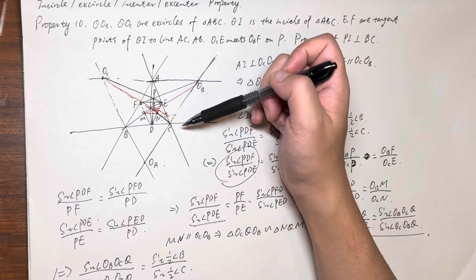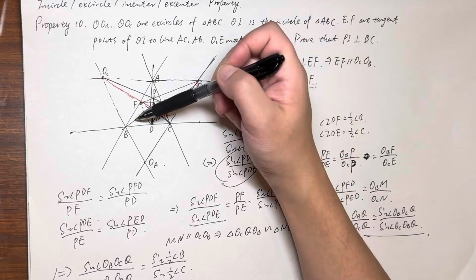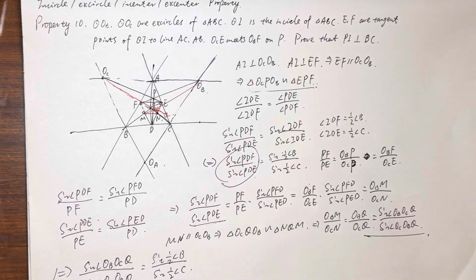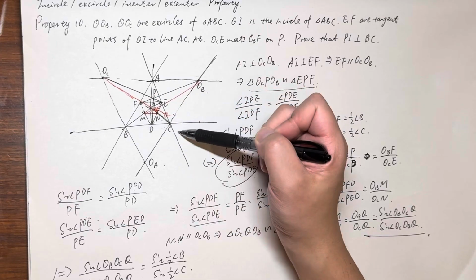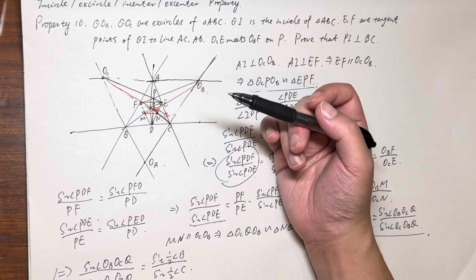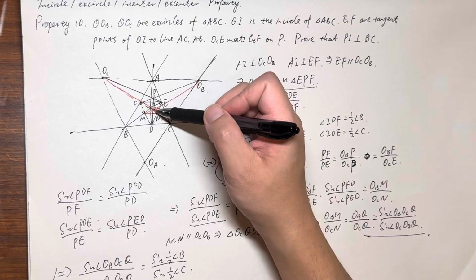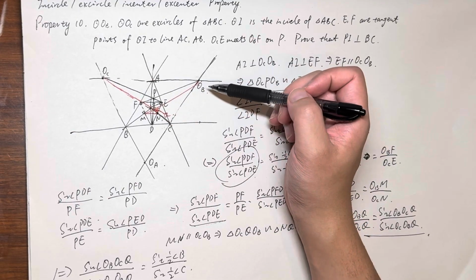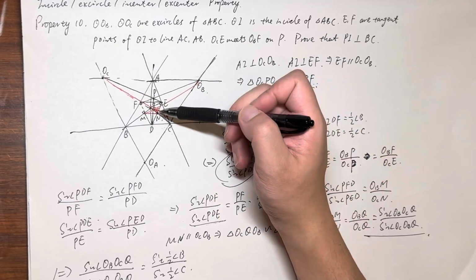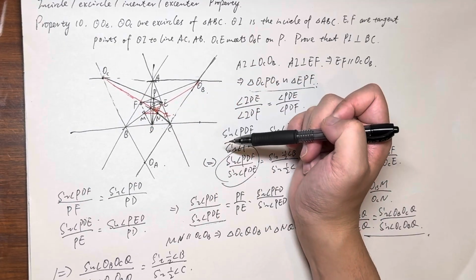And these lines, the OBB and the OCC, are also the angle bisectors of angle BCA and ABC. The intersection point would be the same point. That is saying the incenter I is actually the orthocenter of the triangle OAOBOC, right? So this Q and I are the same points.